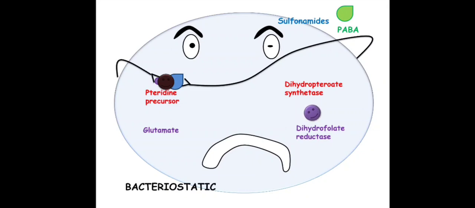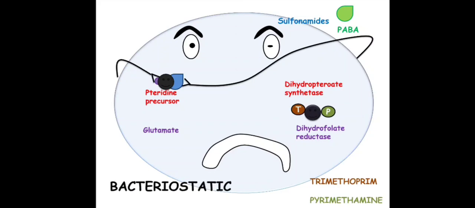Next, we have got two more important drugs, that is trimethoprim and pyrimethamine. Apart from sulfonamides, we have got two more drugs, and what these two drugs will be doing is attacking this purple enzyme, that is dihydrofolate reductase. And they will be inhibiting this enzyme. So again it has a bacteriostatic action.